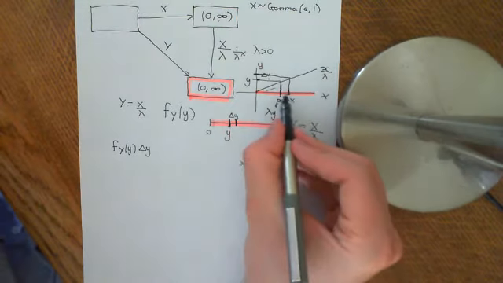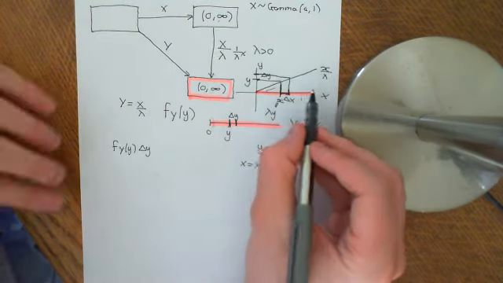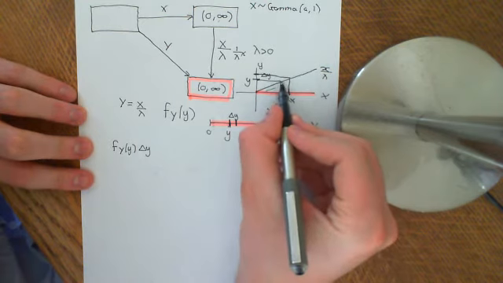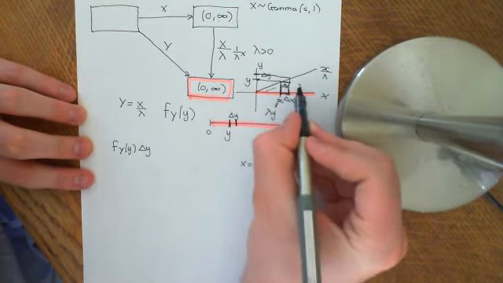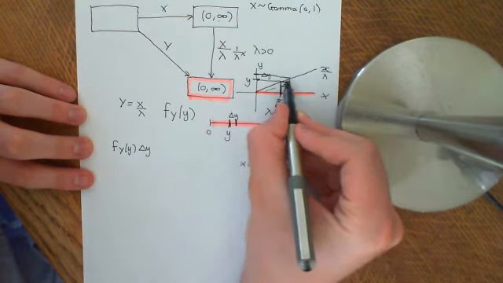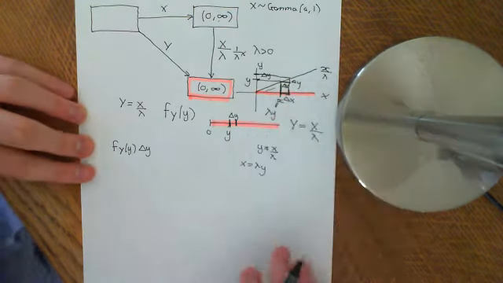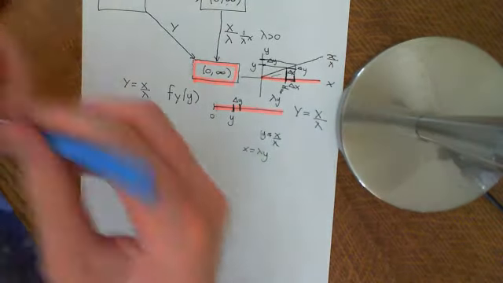Okay, now if we want to find out what the length of this interval here is, delta x, then basically it's very, very easy because it's a straight line. So if we want to find out what delta x is here, then we just need to know the gradient of this triangle, because we know what delta y is. So basically, if I zoom this up, because the picture is getting very small, let me just highlight what I'm zooming up.